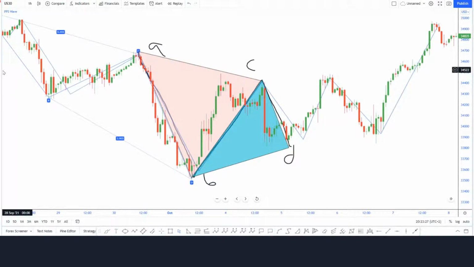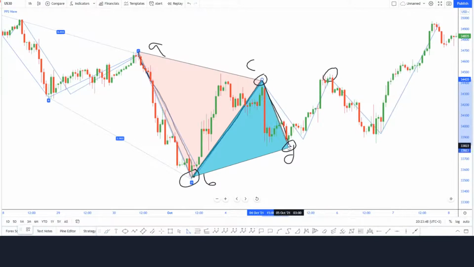Please focus with me because this is going to get a little bit confusing. See this one right here? With this one, we're going to call this AB, then we're going to come down to C, which is right here, then we're going to go back up to D, and we're going to make another A, B, C, D formation with this one.